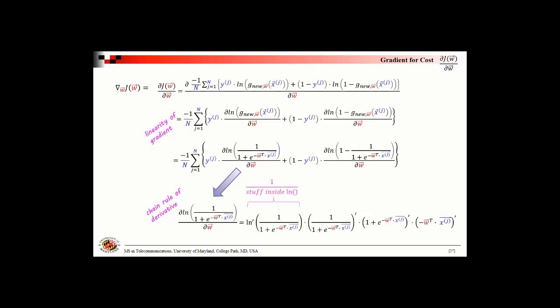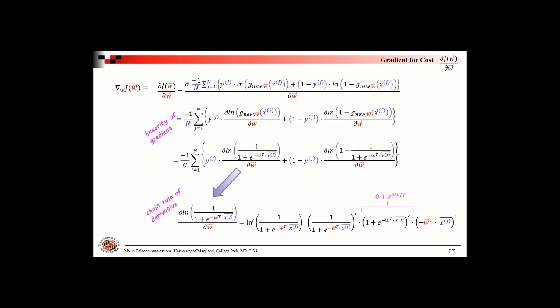So we start with the derivative of the natural log. Whatever that is, it's going to be 1 over whatever's inside the natural log. Then we take the derivative of 1 over something. When we have that, the derivative is going to be equal to minus 1 over that denominator squared. Then, according to the chain rule, we multiply that with the derivative of the denominator.